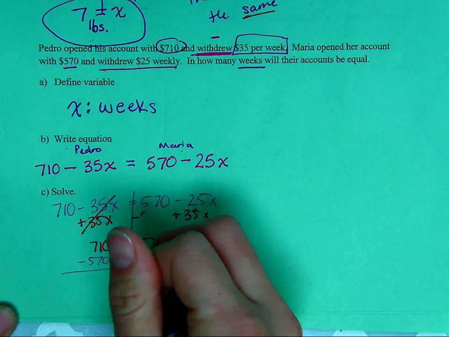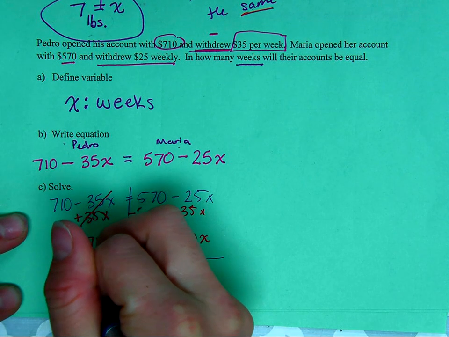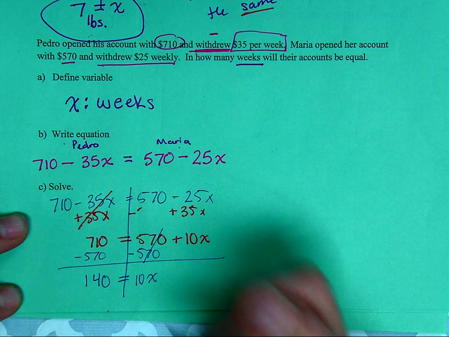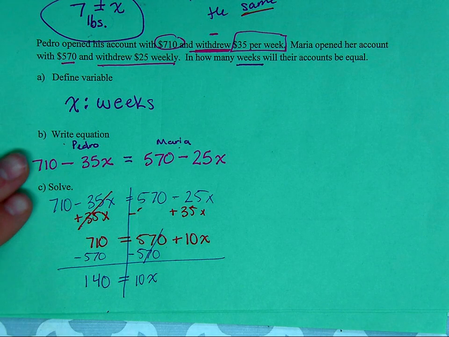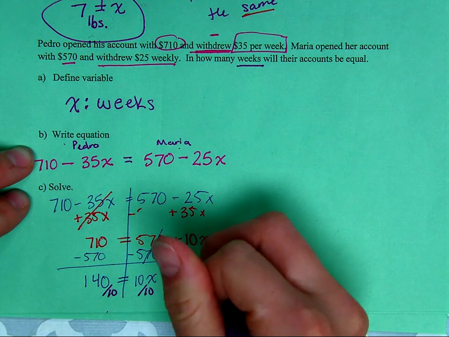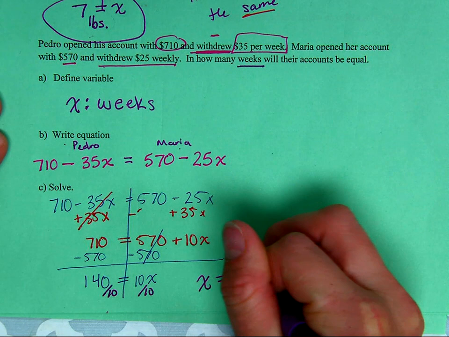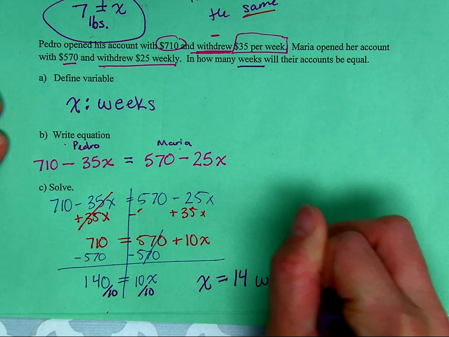I have my 10x. Okay, 710 minus 570, I get 140. So my last step here is to divide by 10 on both sides. And I get x is equal to 14 weeks.